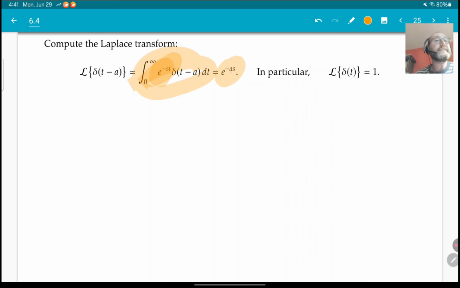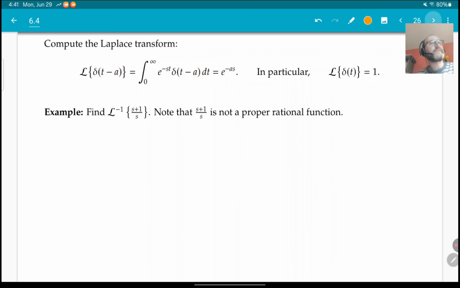The t becomes the a. I guess I flipped the order; it was more standard to put a constant in front. But essentially all that happened is that t became an a. And in particular, if a is 0, we just get 1, and we saw that before.